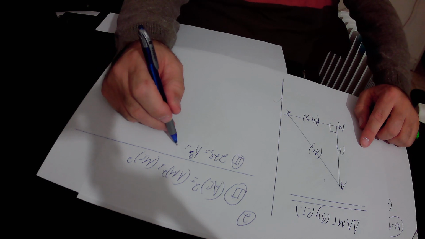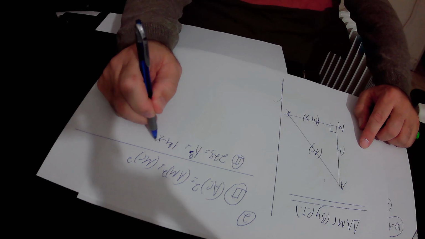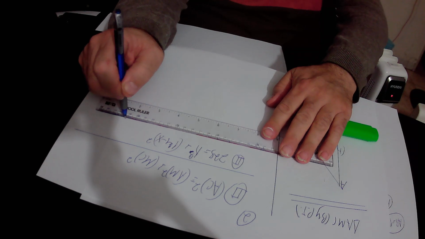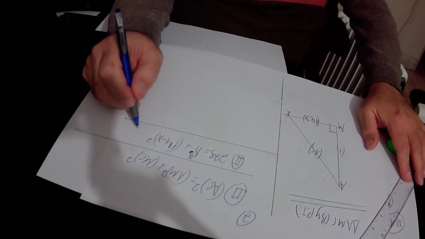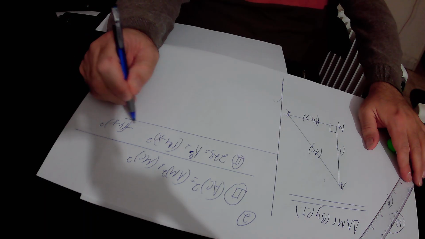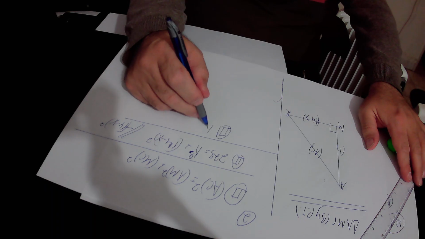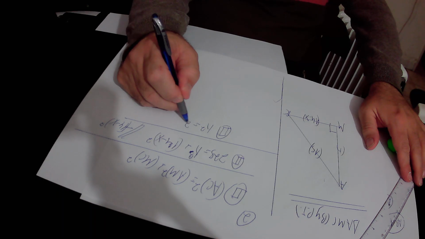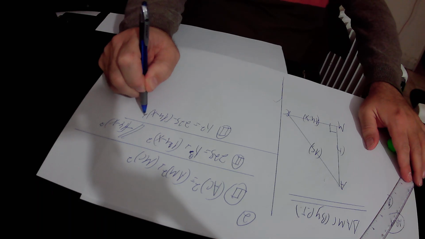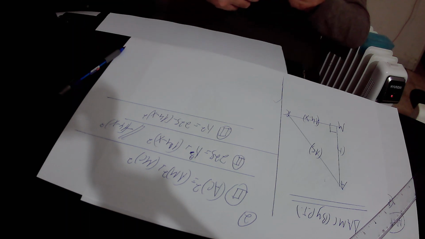MC is 14 minus X, therefore MC squared is 14 minus X squared. So here we subtract 14 minus X squared from this equation number 2, and we get that according to equation number 2, H squared equals 225 minus 14 minus X squared.